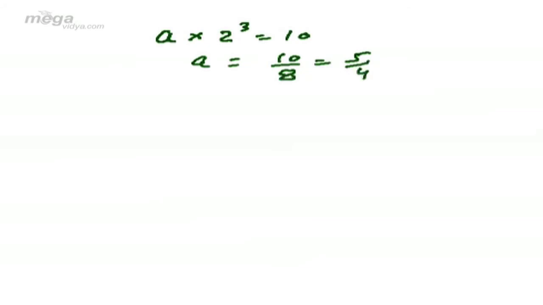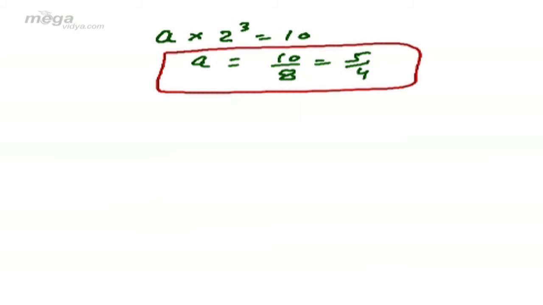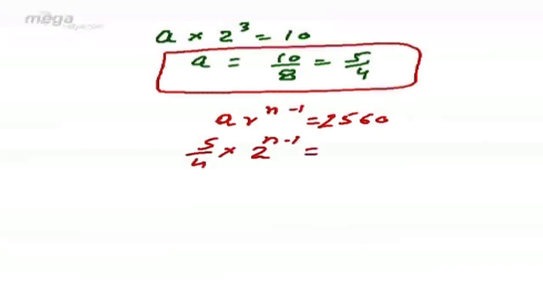And the last term is given, that is, AR to the power n minus 1 is 2560. A is 5 by 4, R is 2, power n minus 1 is equal to 2560. This will be cancelled by this 512.